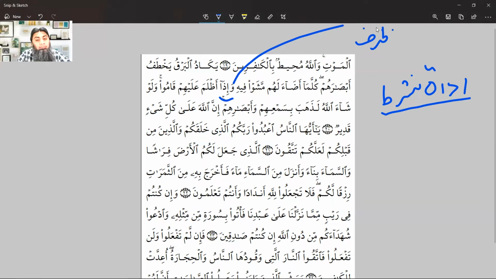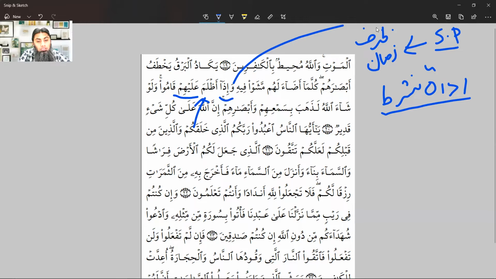Zaman means time and makan means place. So iza is actually zarf zaman, or even if you call it special mudaf, which we used to call before, that will be correct, no problem. Because after that, whatever comes will go into the role of mudaf ilay.